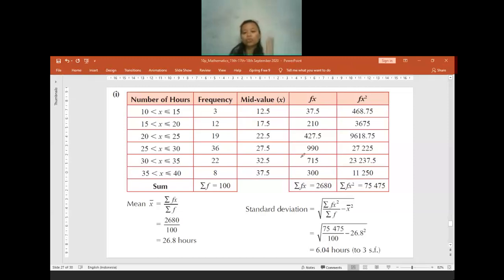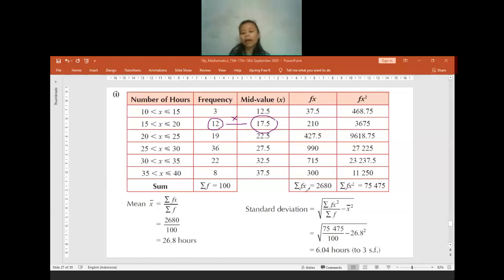That is the first fx. After that, you do the same thing to complete the fx. For the next column, you multiply the 12 with the 17.5, and you will get 210, and so on.